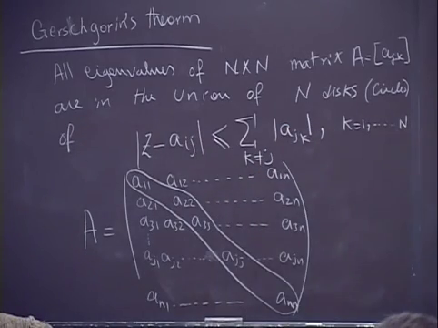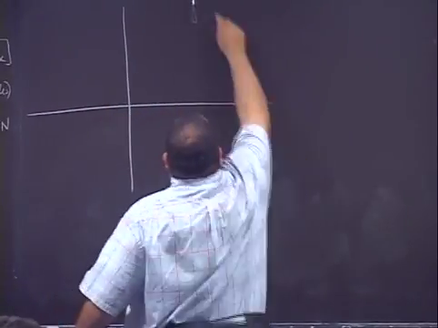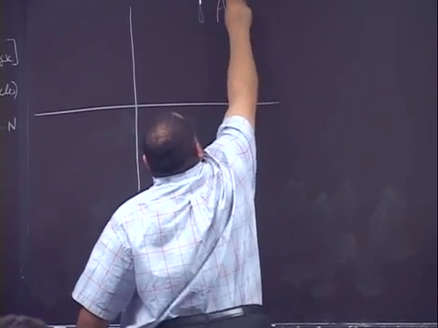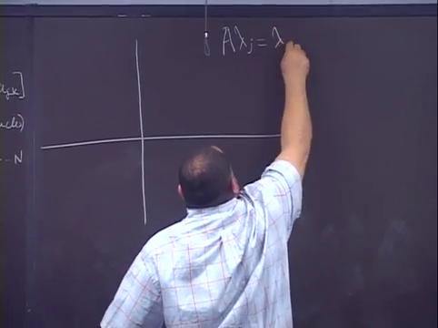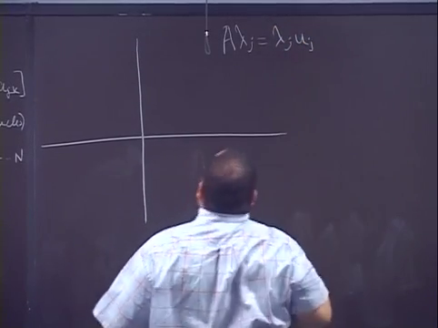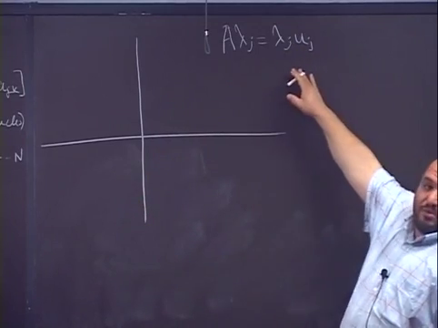So what this theorem states is, if you have an eigenvalue problem, A uj equals lambda j uj, all this says is the eigenvalue problem.